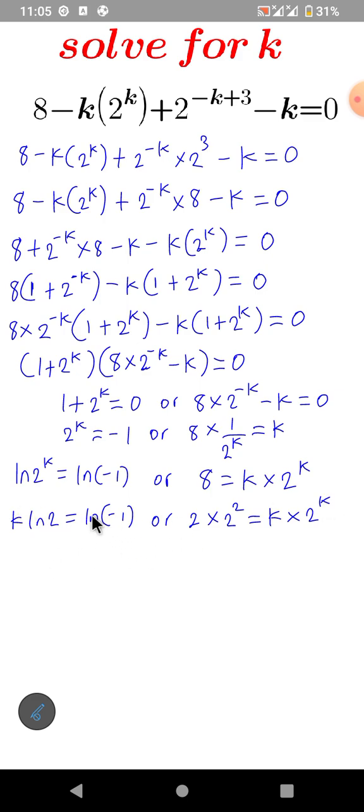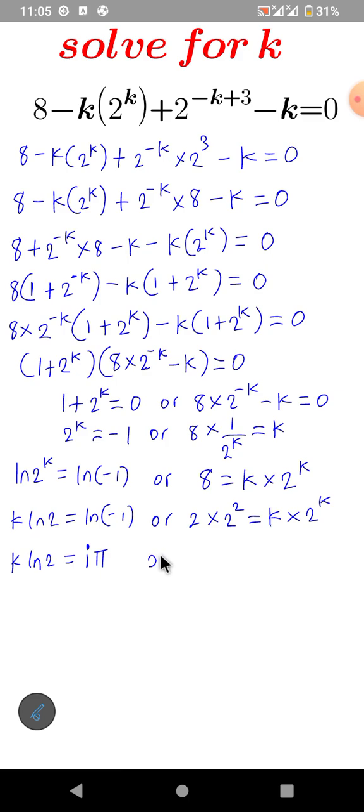Now we know that ln minus 1 is the same thing as i pi. So I can write this as k ln 2 equal to ln minus 1, which is the same thing as what? i pi, according to the Euler formula. So I'm going to write i pi here.